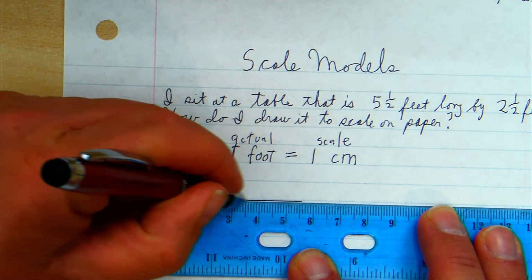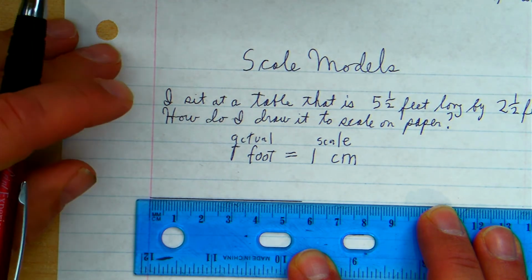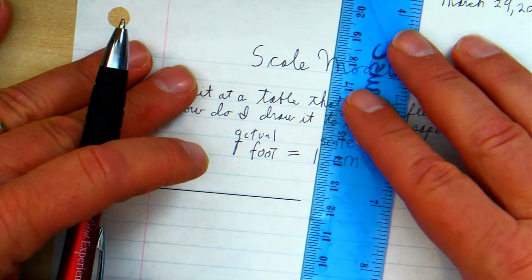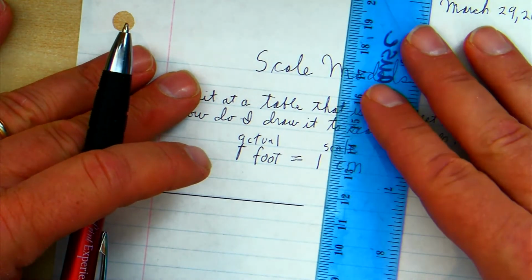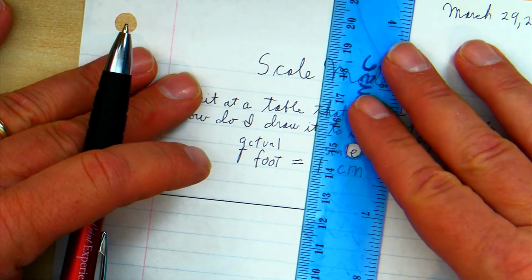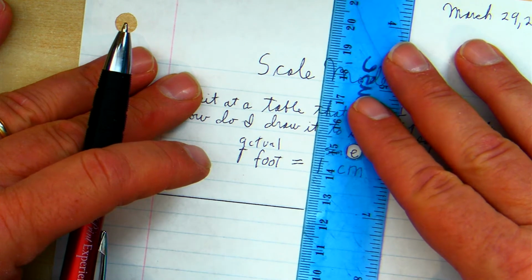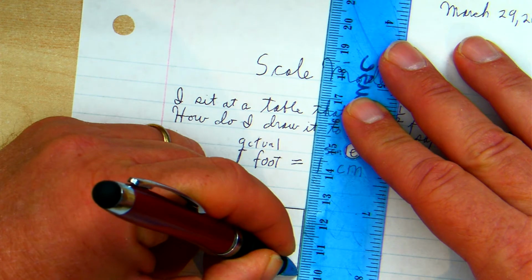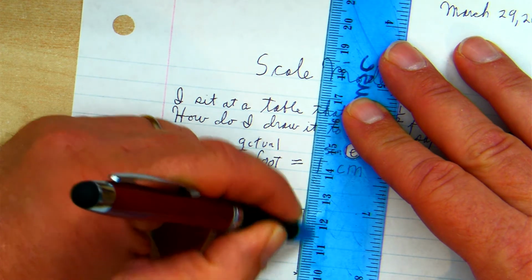And that would represent a table length of 5.5 feet. And then rotate it 90 degrees and choose to go 2.5 feet perpendicular to that, which would be 2.5 centimeters. So here's 1, 2, 2.5.